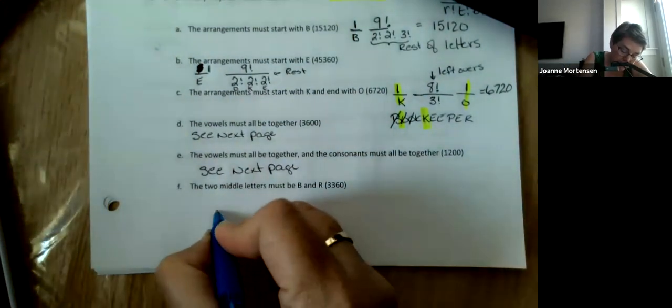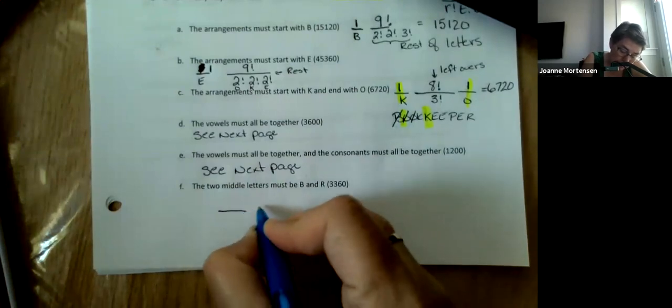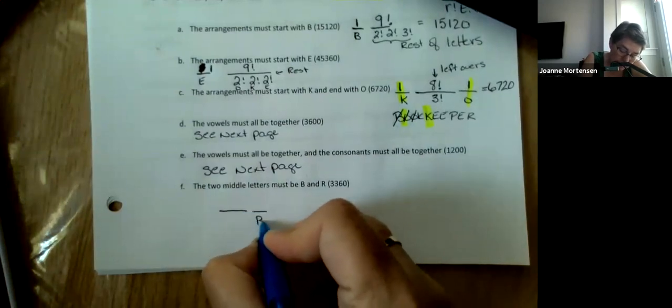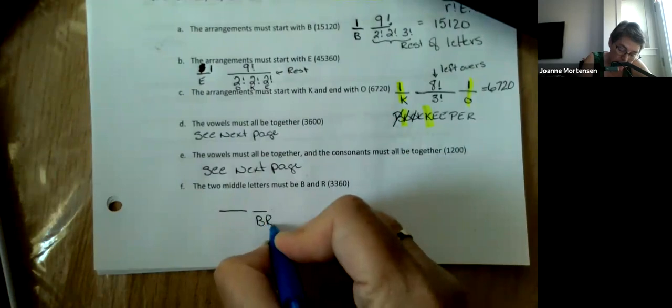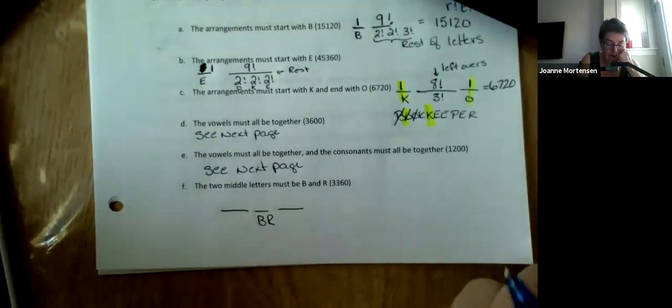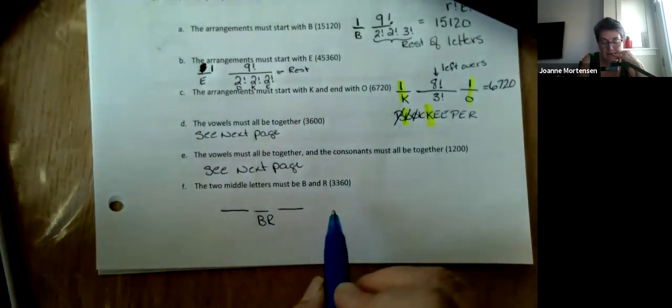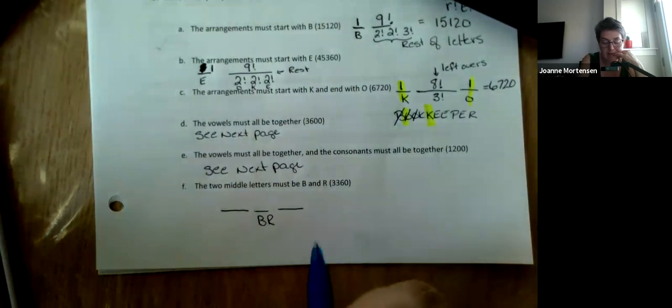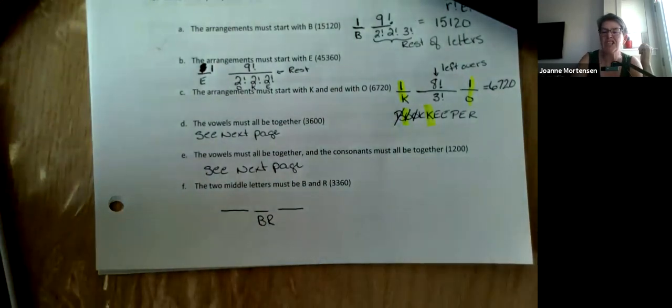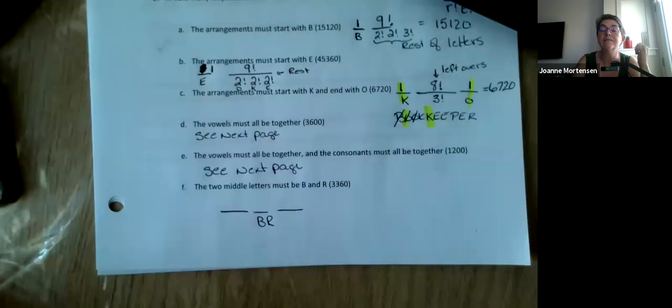But so we're going to have some letters, and then the B and the R in the middle, and then some more letters. I'm going to pause it, because I don't want to take you down the wrong lane.